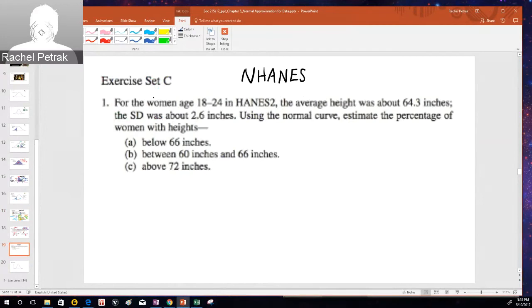We're looking at just women 18 to 24 in Haynes 2, and their average height was 64.3 inches.